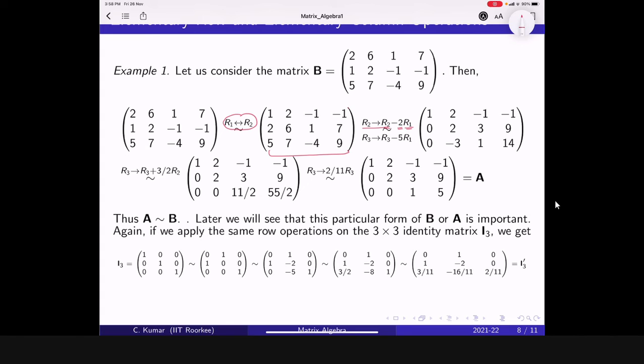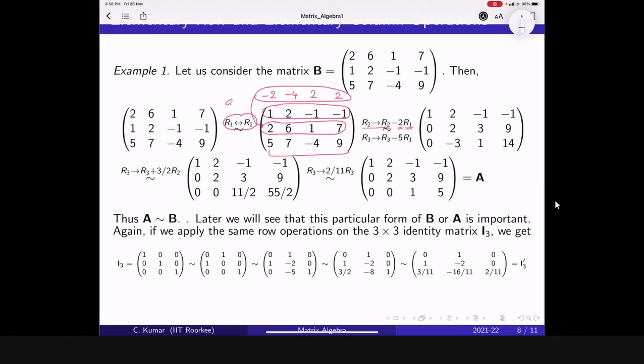So this is my row 1. When you multiply this by -2, you get -2 here, -4, 2, and 2. And then add this to the second row.